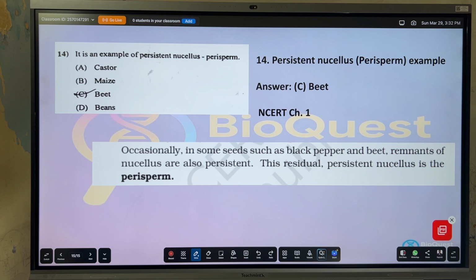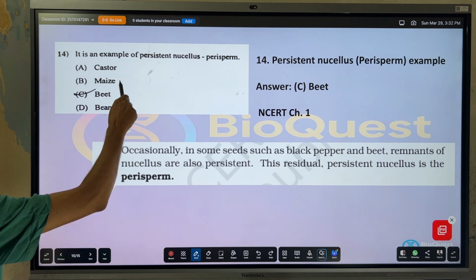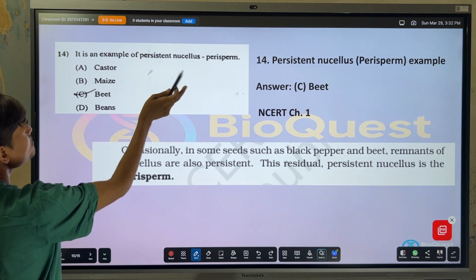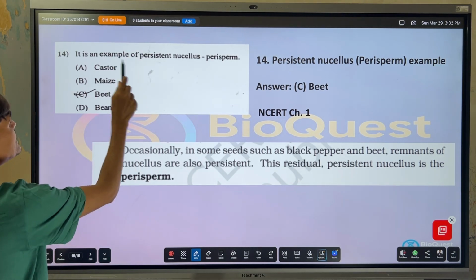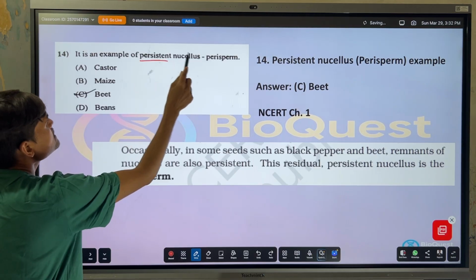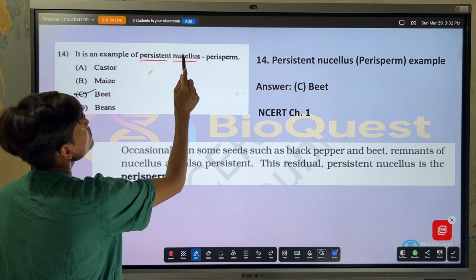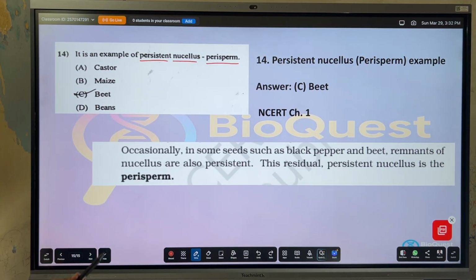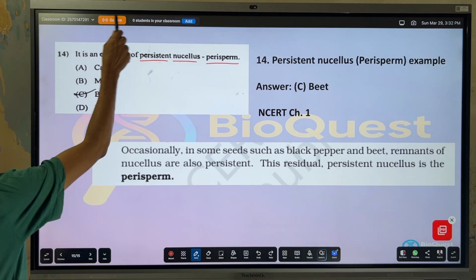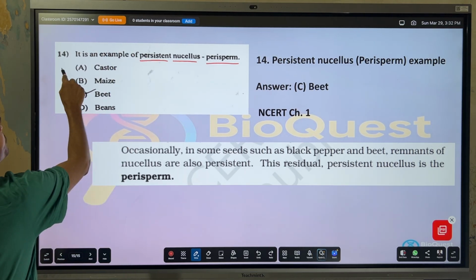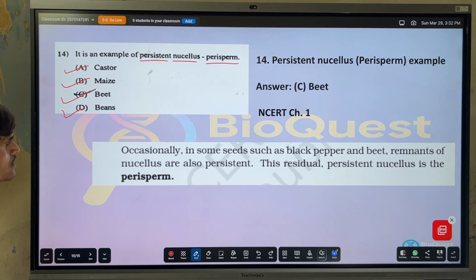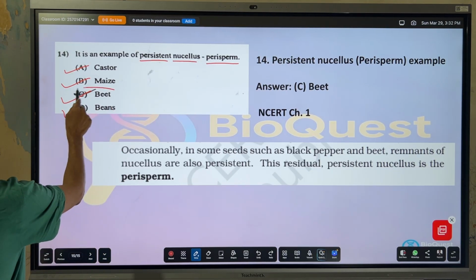Next question, question 14. It is an example of persistent nucellus called perisperm. Means we can find perisperm in, give an example of it. Four seeds are given: castor, maize, beet, and beans. Direct answer is beet.